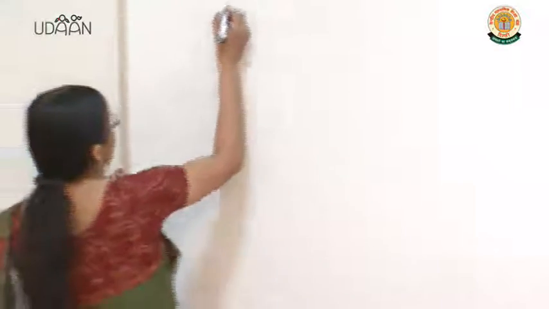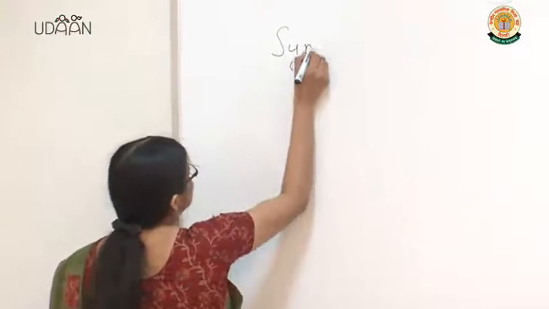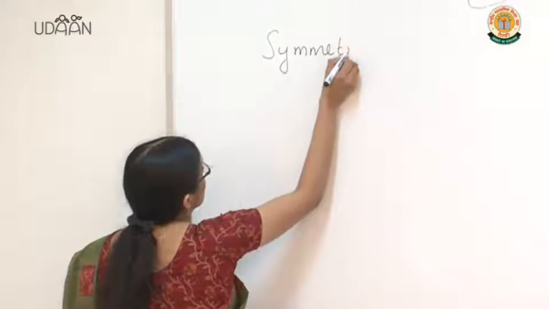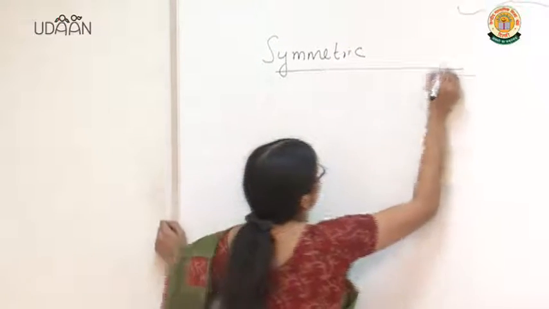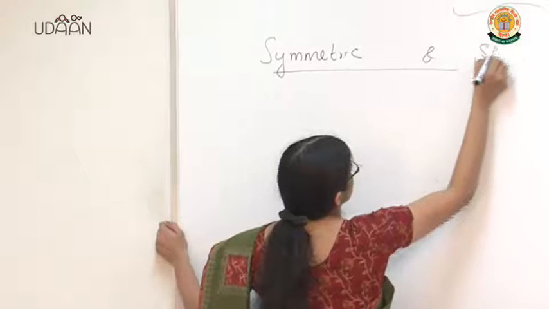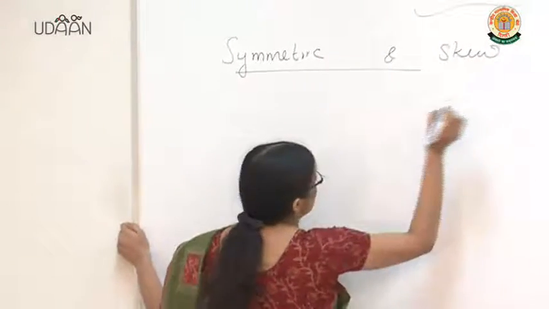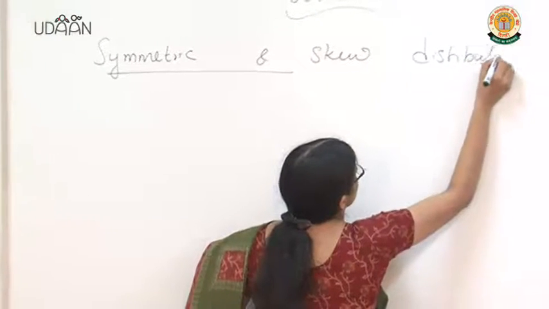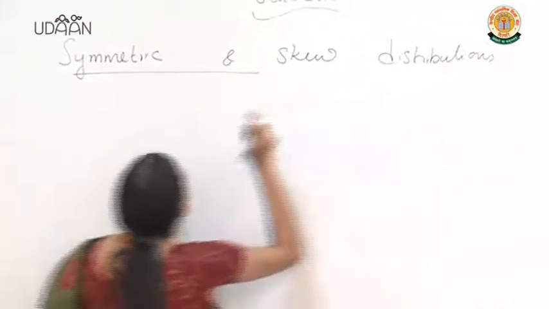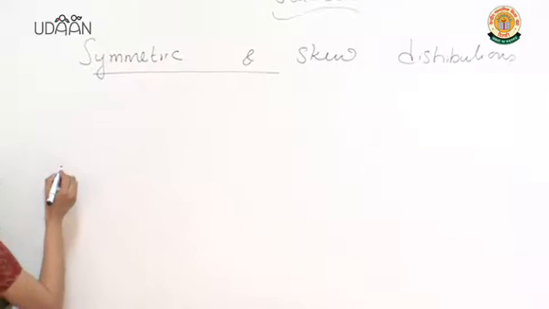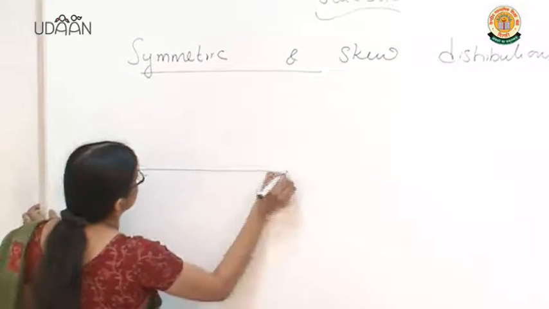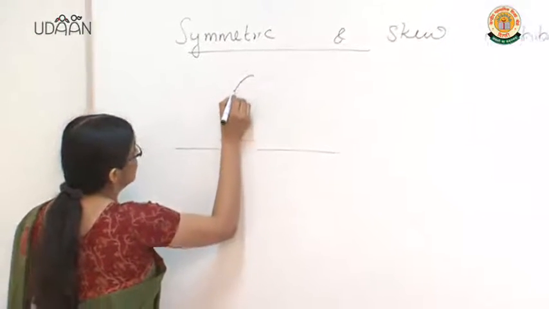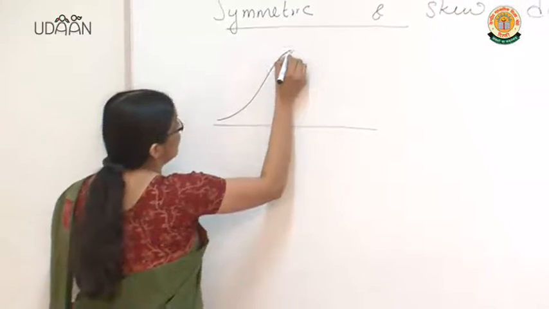Now I am going to explain about symmetric and skew distributions. Symmetric and skew distributions. Frequency curve is said to be symmetric. I'll first of all make a graph of a symmetric one.